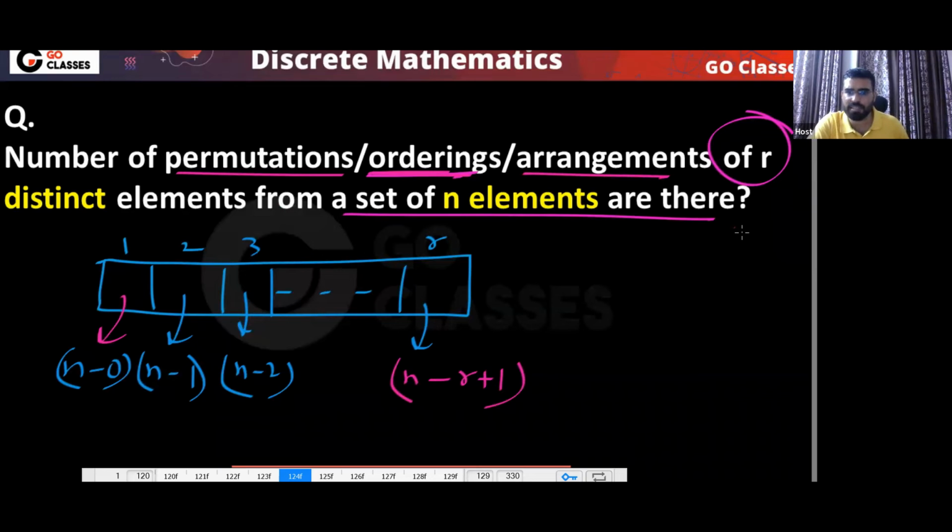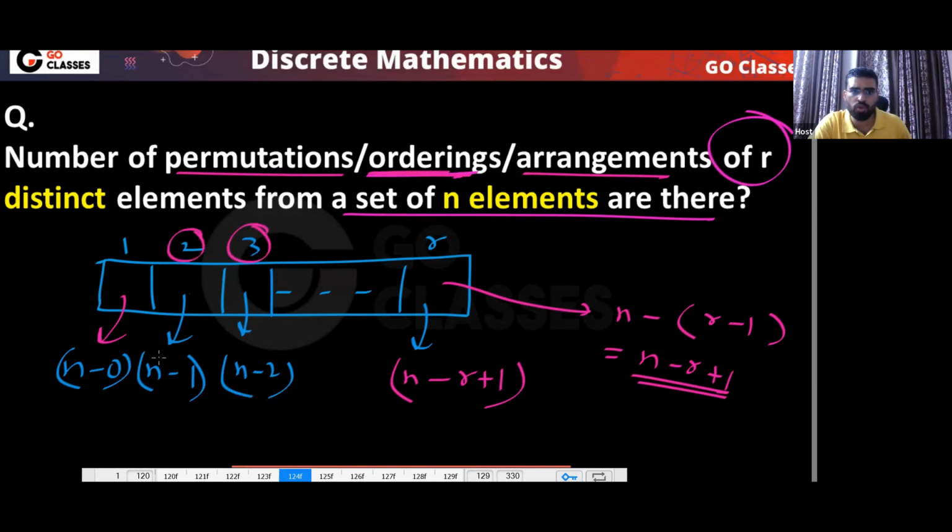It will be n minus r plus 1. Remember, for this 3 we are doing n minus 2, for this 2 we are doing n minus 1, so for this r we will do n minus (r minus 1), and that is nothing but n minus r plus 1.